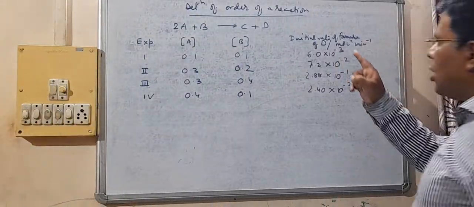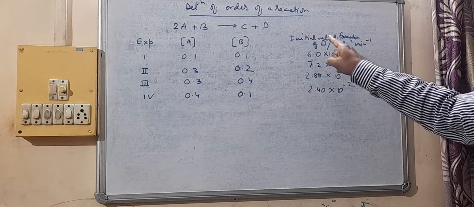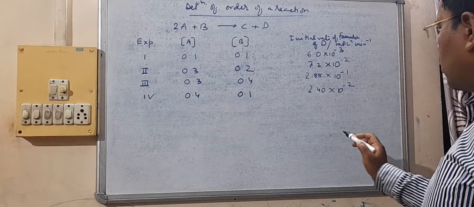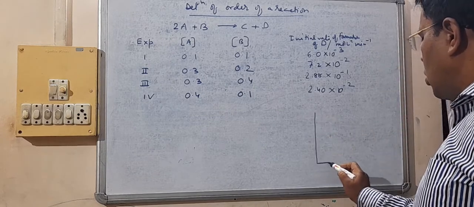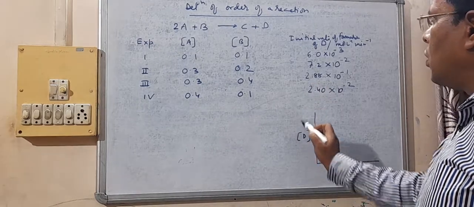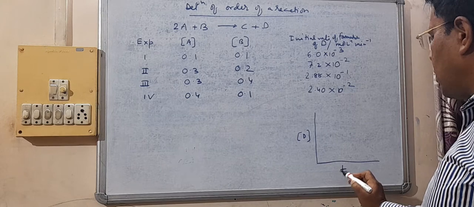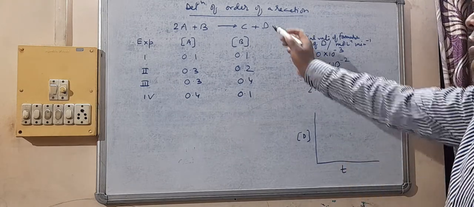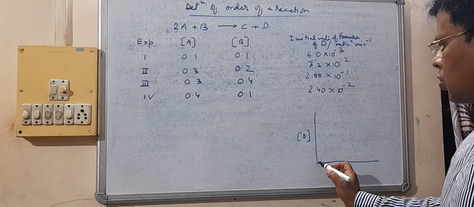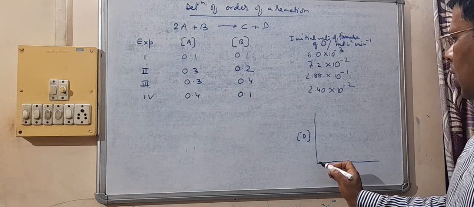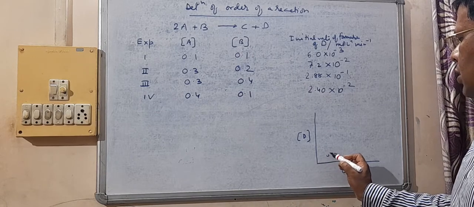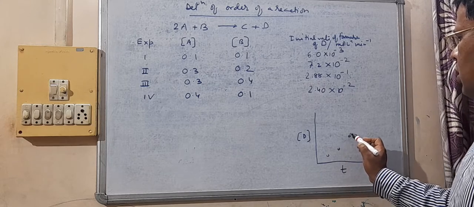Now, let me tell you how we can determine the initial rate of an experiment. We make a plot of concentration of D versus time. Since D is the product, at time 0 the concentration of D will also be 0, and then it is going to increase. So we will get points like this.